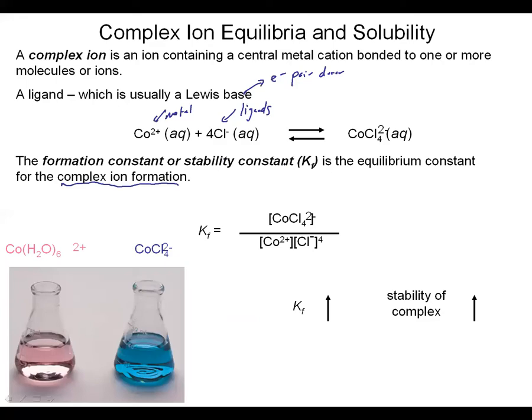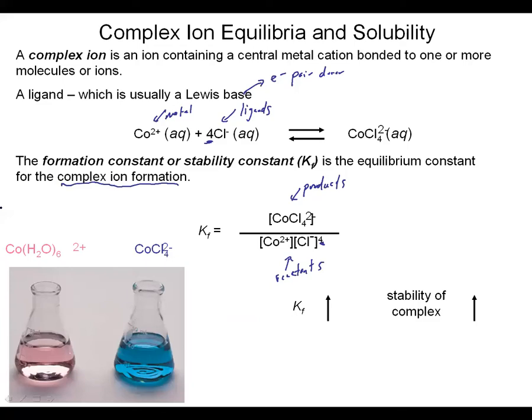It is like every other equilibrium constant that we see: our products over our reactants. And just like normal, any coefficient like we have here will also show up as an exponent. Now, when we have a large Kf value, that means the complex ion is more stable.